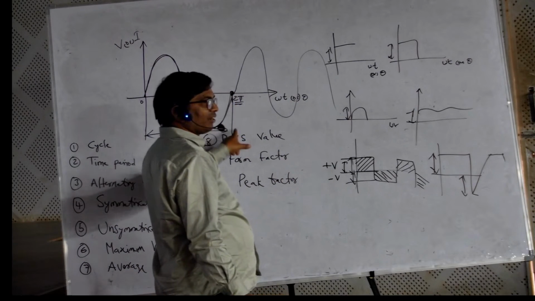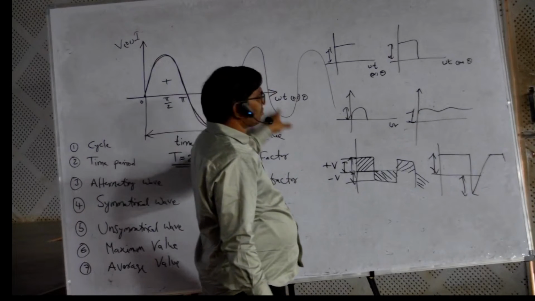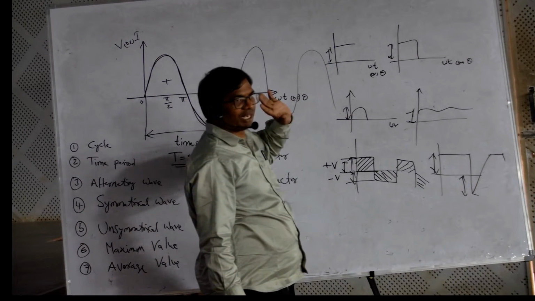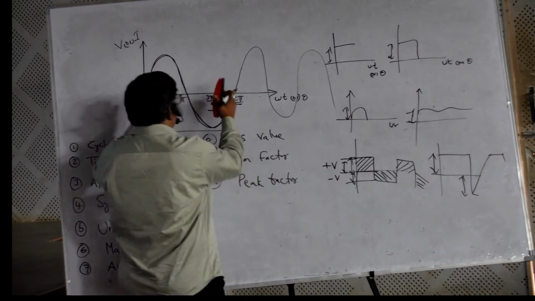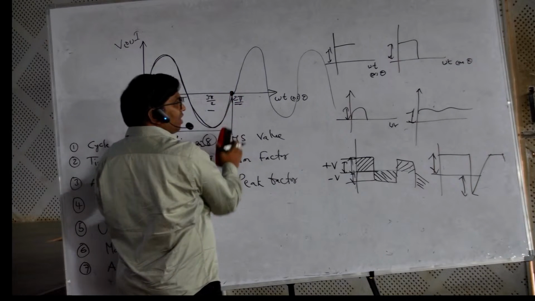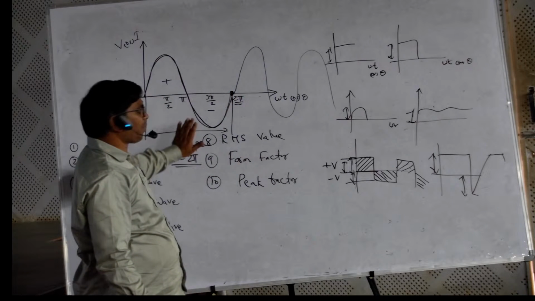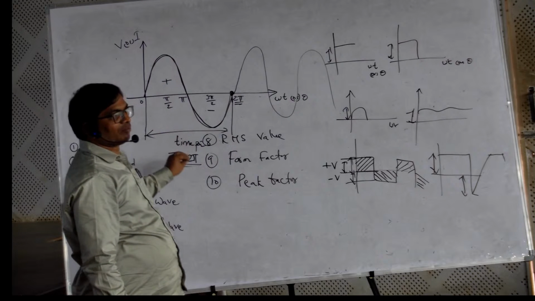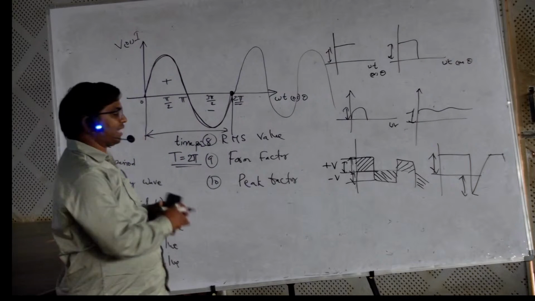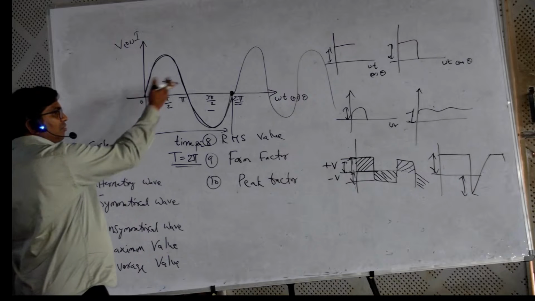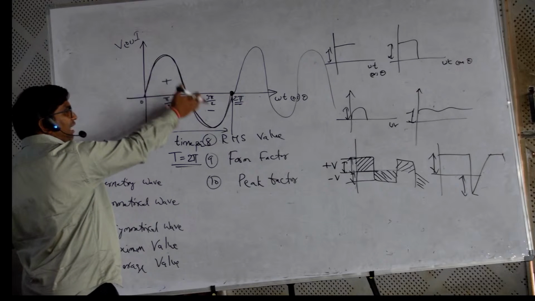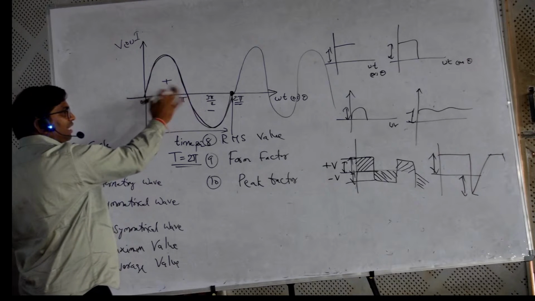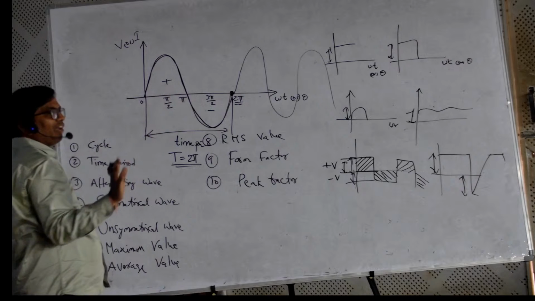Here it is represented, and again it is repeating. No need to worry about the repeating; for one set of cycle, we take 2 pi. The time taken to complete one cycle is the time period. A cycle is one set of positive and negative values of any wave.